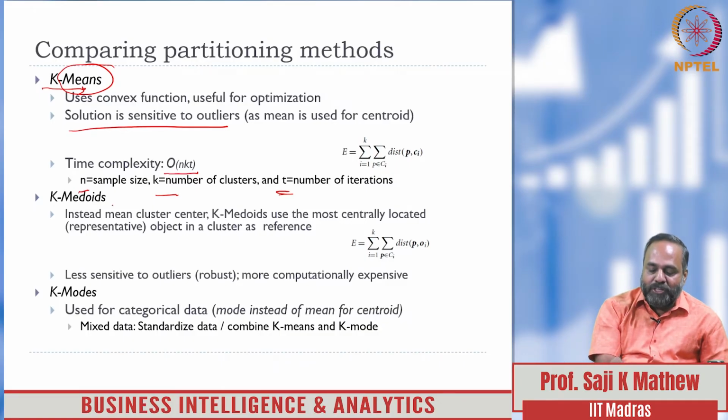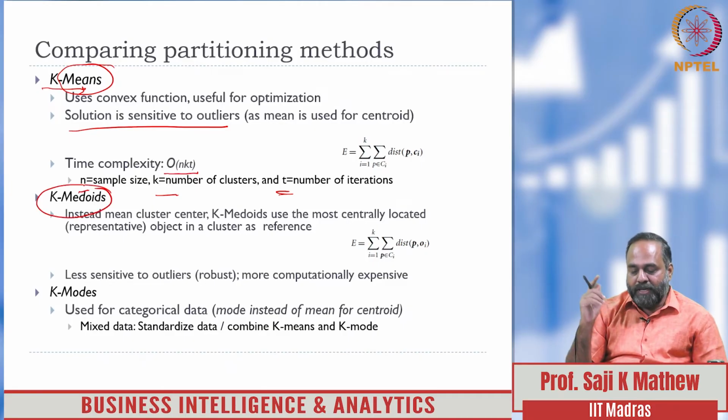So therefore, you have the k-medoid. I think I wrongly printed it as m-medoid, it is k-medoid. Medoid uses not the mode, please see the difference between medoid and k-modes. K-medoid is different from k-mode.